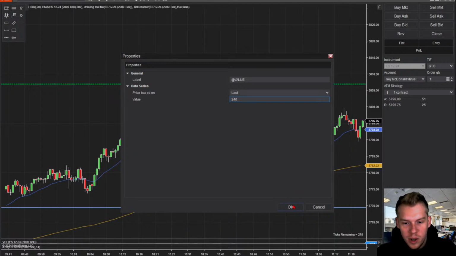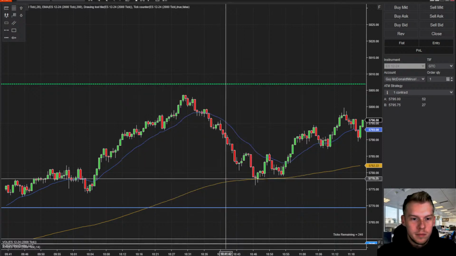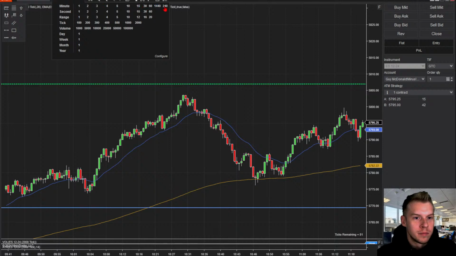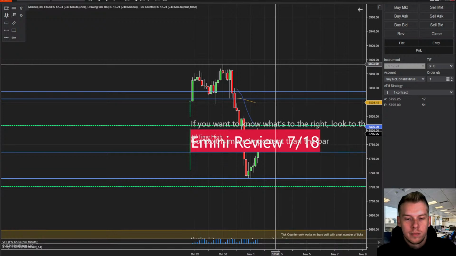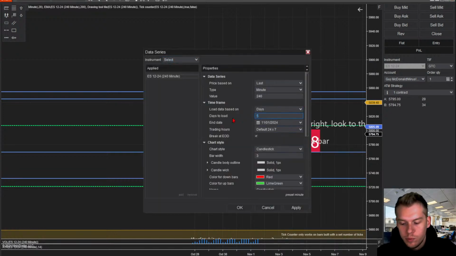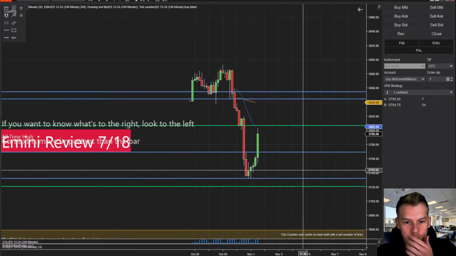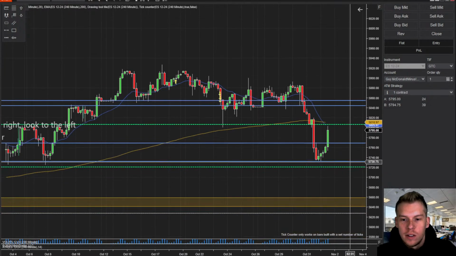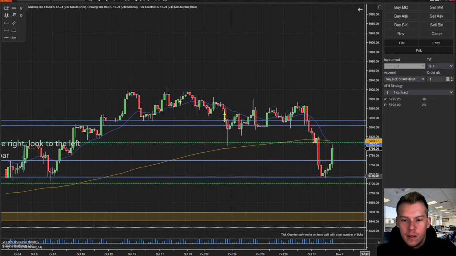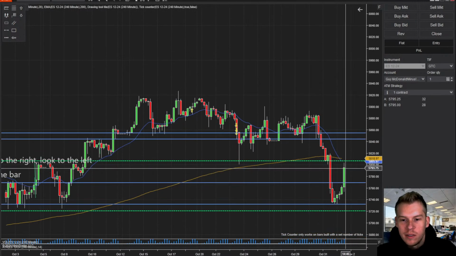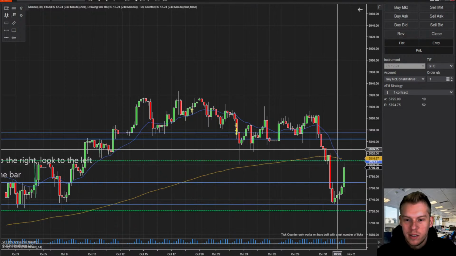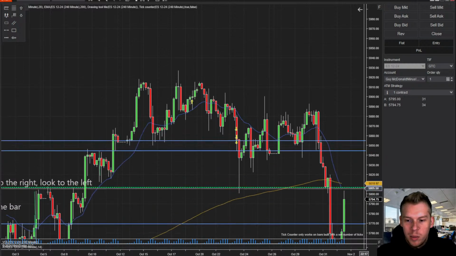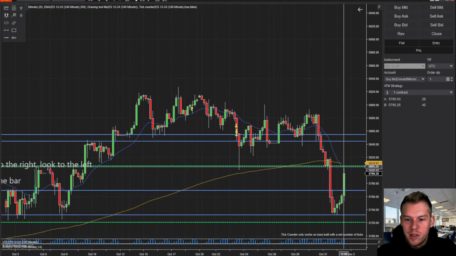I'll add a 240-minute chart. So on the 4-hour chart, big sell-off, pull back to about the midpoint, pull back to the moving averages, pull back to 5,800. So probably sellers in this area on the 4-hour chart.